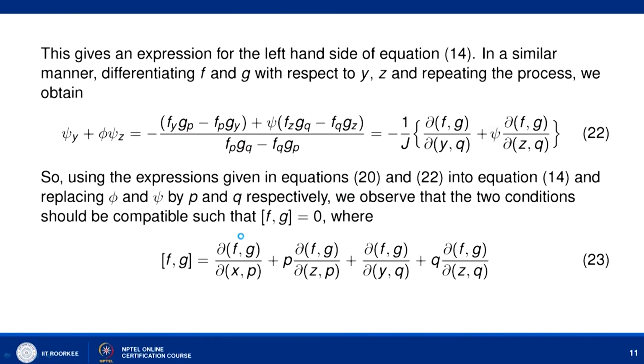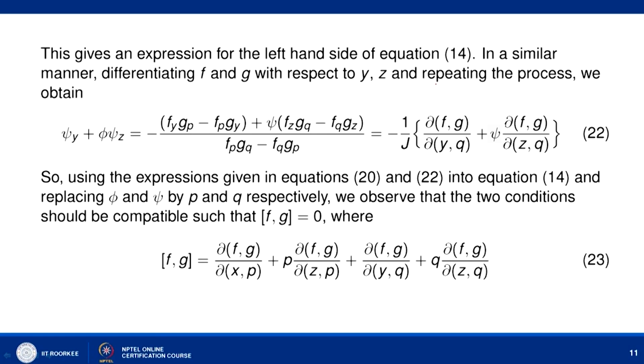Now, this gives an expression for the left hand side of equation number 14. In a similar way, we can differentiate f and g with respect to y and z, where z is kept as a function of y.